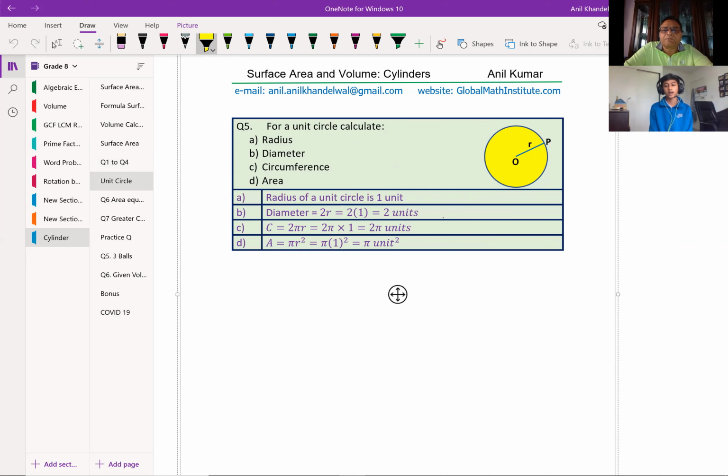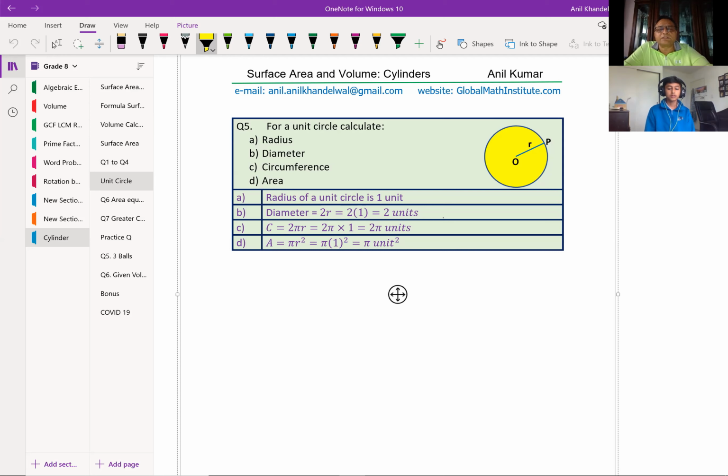Now the question is, for a unit circle, calculate radius, diameter, circumference, and area. When I say unit circle, it means what? Not sure. Radius is 1 unit. So when we say unit circle, we mean radius is 1, okay?